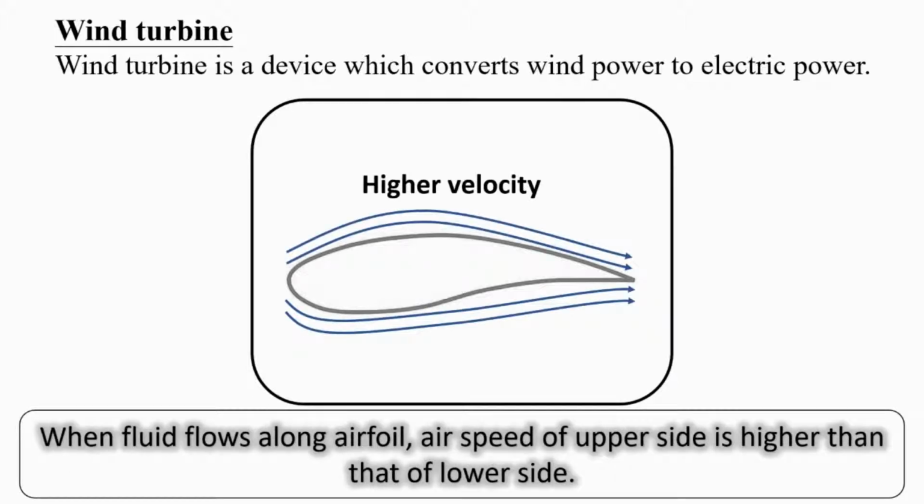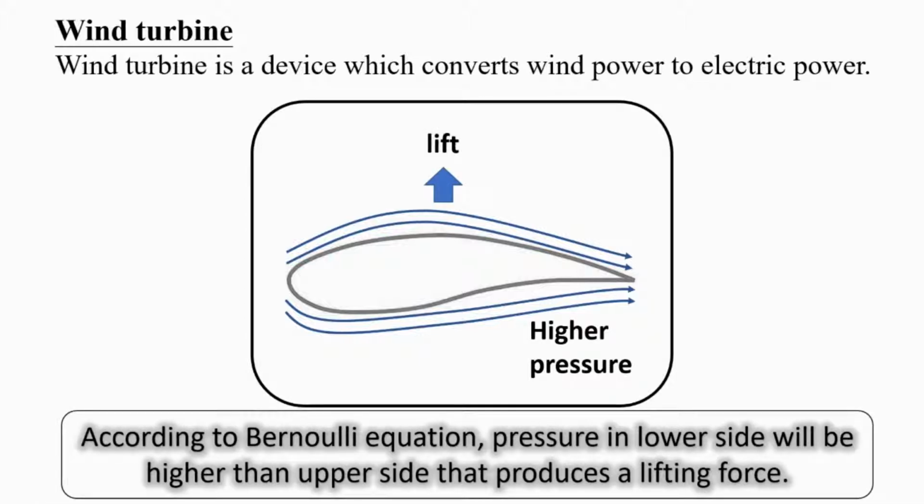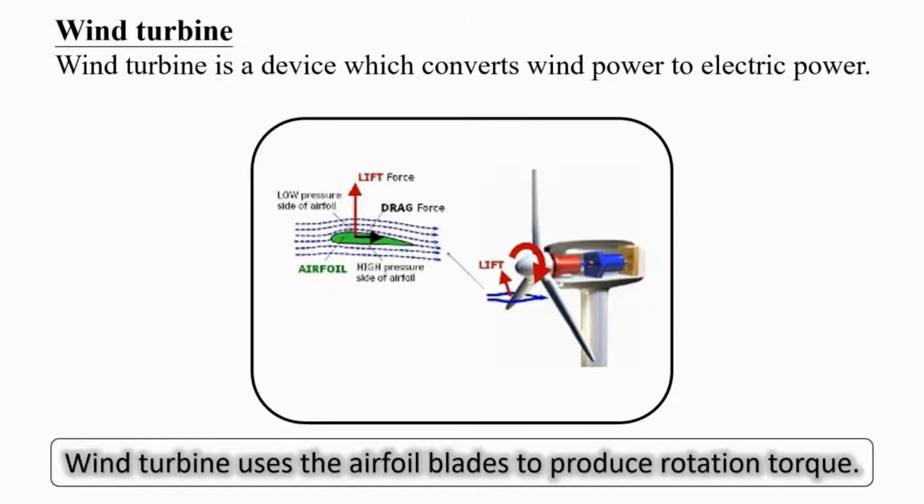When fluid flows along airfoil, air speed of upper side is higher than that of lower side. According to Bernoulli equation, pressure in lower side will be higher than upper side, that produces a lifting force. Wind turbine uses the airfoil blades to produce rotation torque.